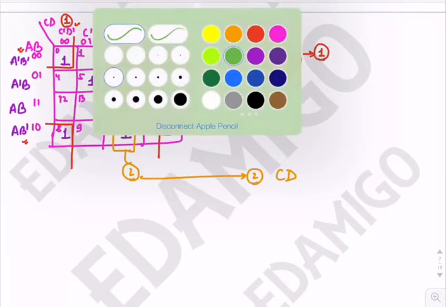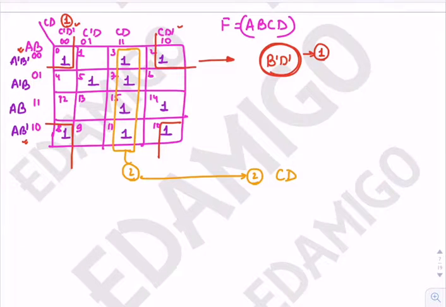Now let me write the third one. We can see that the third one is this, and here A is constant, not changing, and C is not changing, so A C.